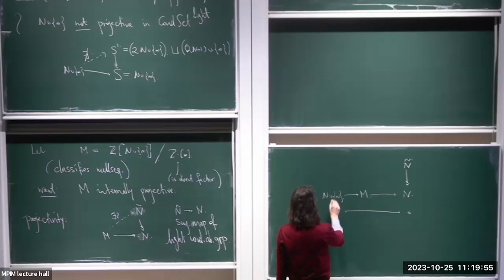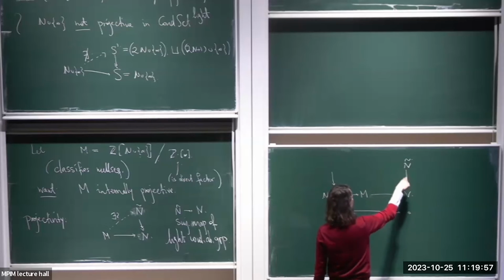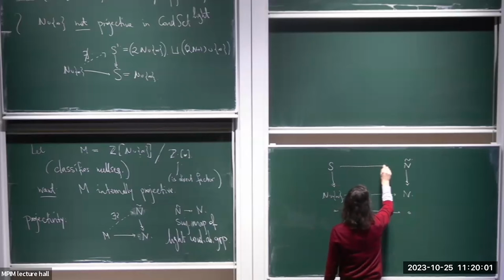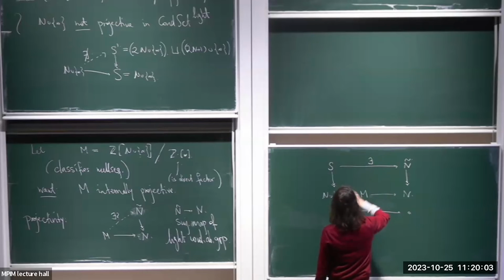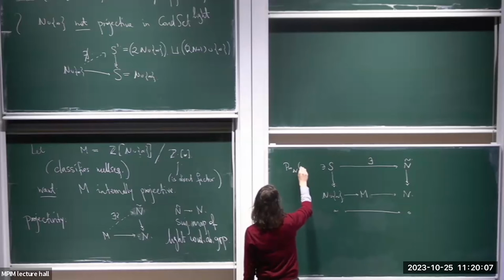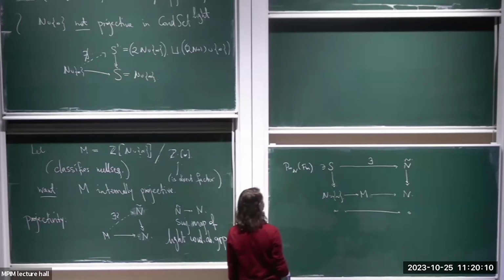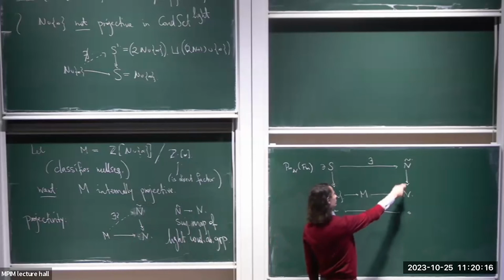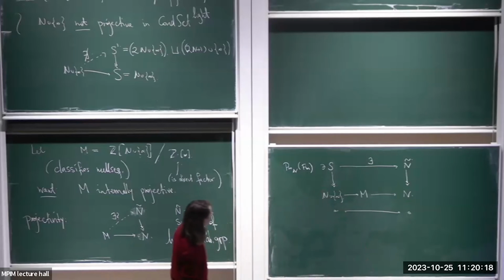But because this is a surjective map of condensed abelian groups, this means that there is some surjective map from a light profinite set that lifts to N tilde. That's just what the surjectivity means.